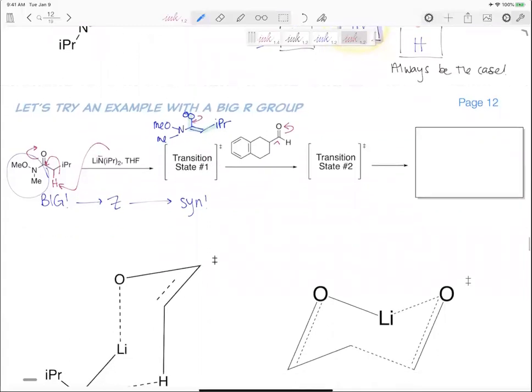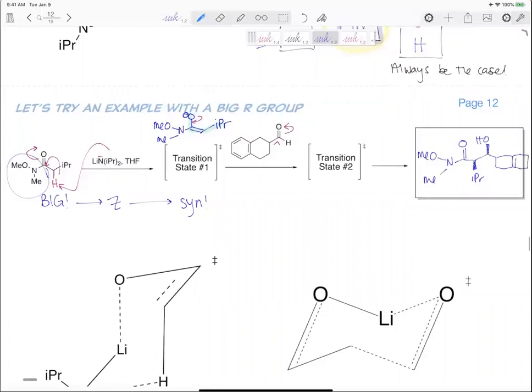So what we have here would be, okay, we know that it's a syn product, so the isopropyl and the alcohol are going to be here. Like that, right? That's my final ring. I'll clean it up later a little bit, but we know it's going to be the syn product.